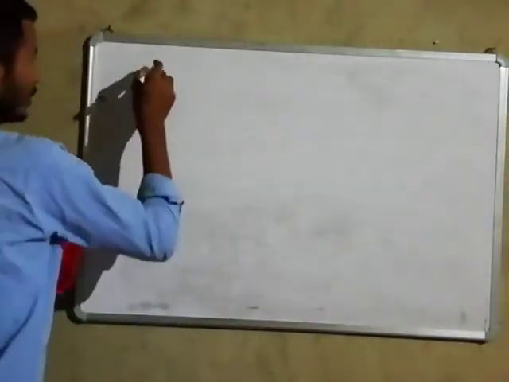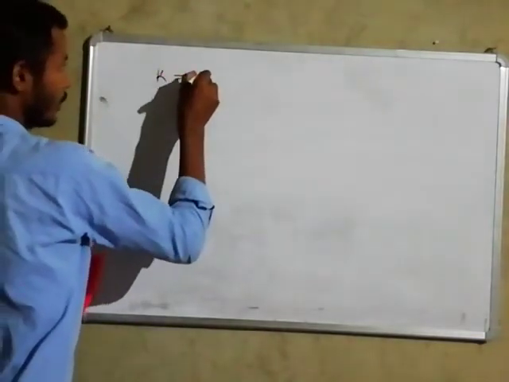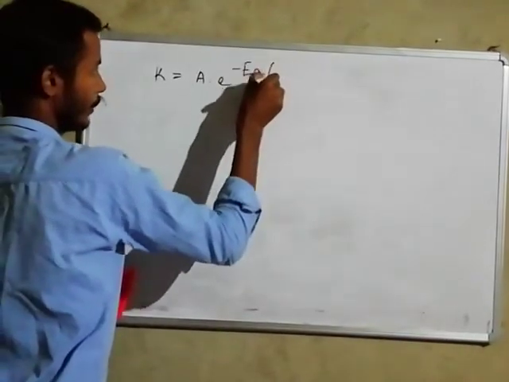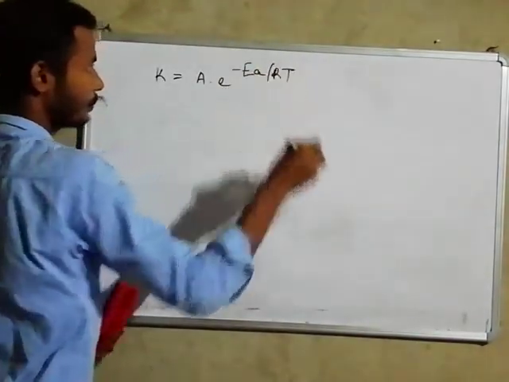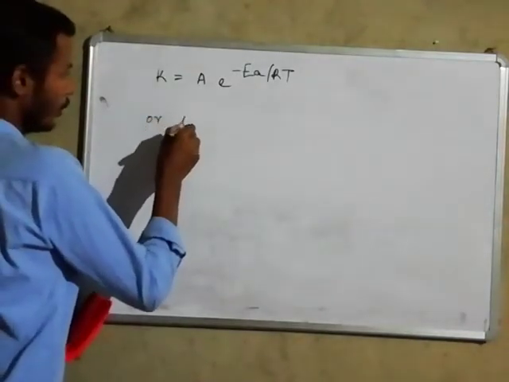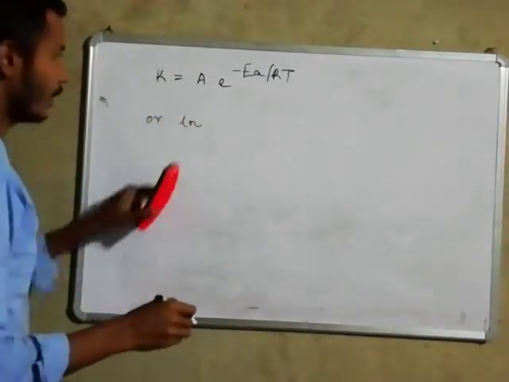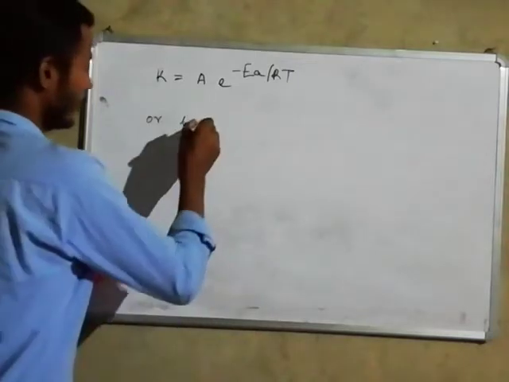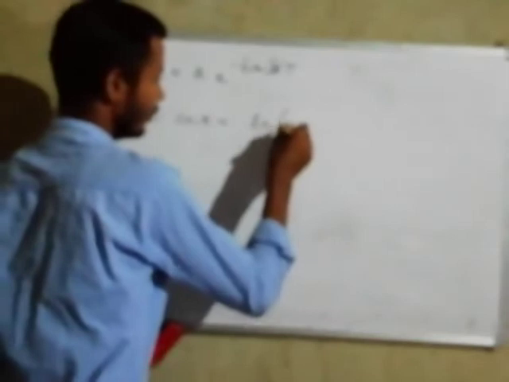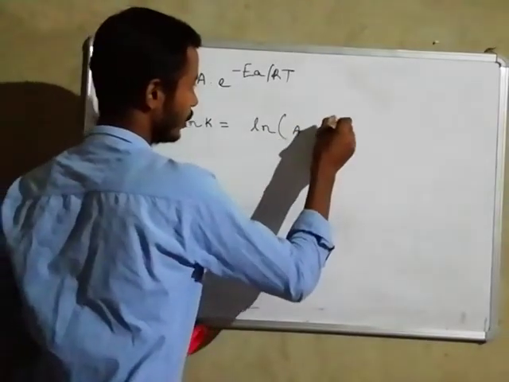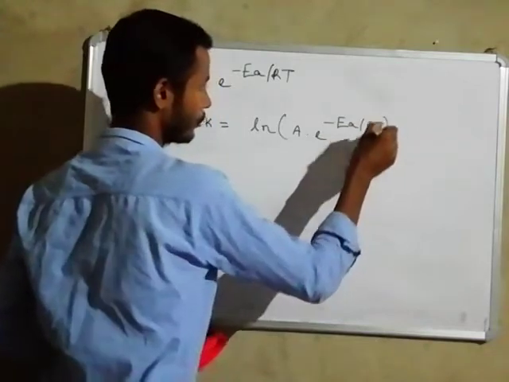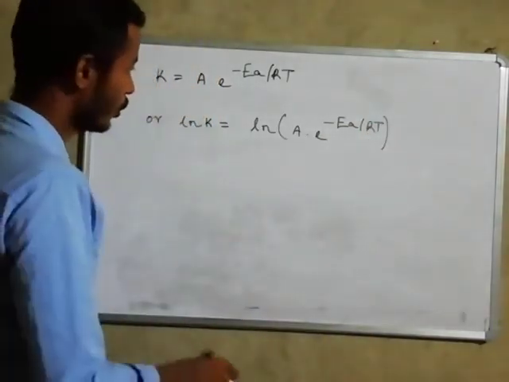So the Arrhenius equation was K is equal to A into e to the power minus EA divided by RT. Or on applying the natural log, that is ln, ln K is equal to ln A into e to the power minus EA divided by RT.